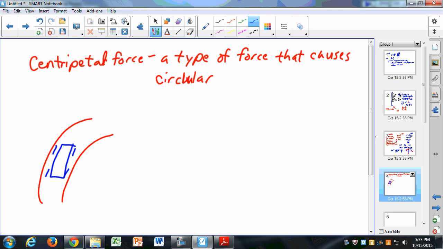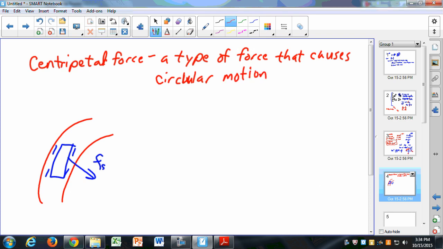The tires, the frictional force. In this case, the centripetal force is the static friction between the tires and the road. So a centripetal force can be any type of force, but it's the role it plays that causes the object to move in a circular path, causes circular motion.